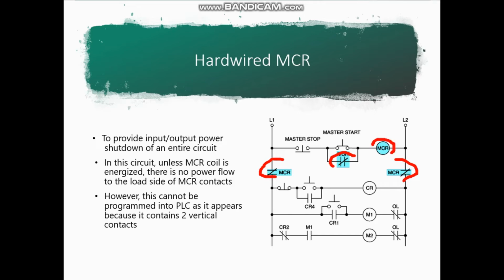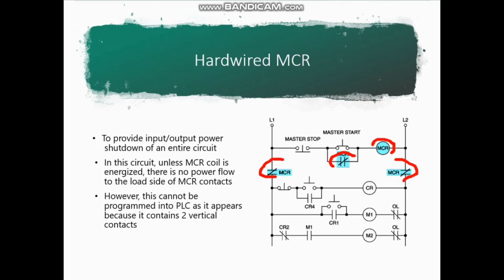Whenever you press the start button for the master control relay, you activate this coil MCR here, and therefore all the other MCR contacts will be closed or open accordingly, which means you basically break the circuit.